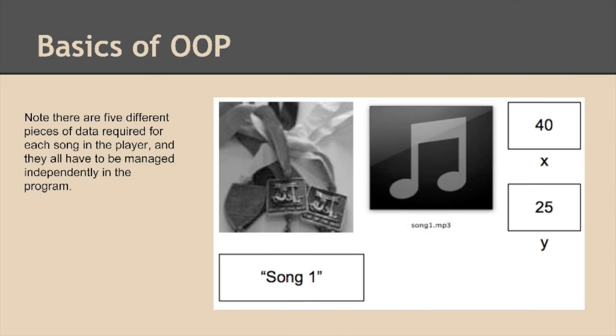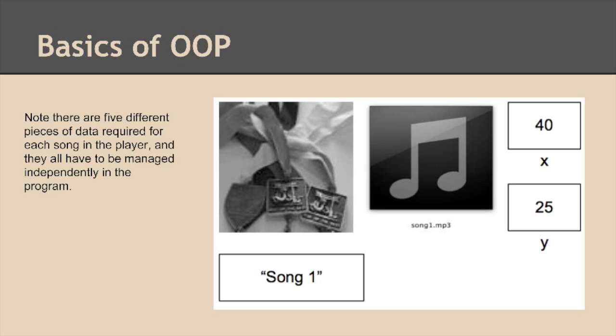Now notice that in that program, for every song that the 4-song playing MP3 player can actually play, there are actually 5 different pieces of related data that all have to be managed separately by the program. So first and foremost, obviously, there's the song itself, the MP3 file that we're interested in playing.